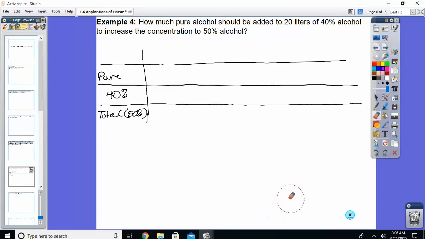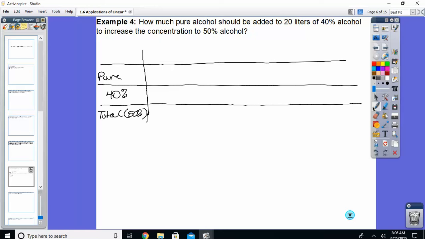So now we have to figure out what we're going to put across the top. Today's problems are all going to be very similar, so once we do one of them, we'll kind of know. But we need to figure out what kind of formula we need to start with. If you look at the question, it kind of gives us some hints. I start out saying how much.